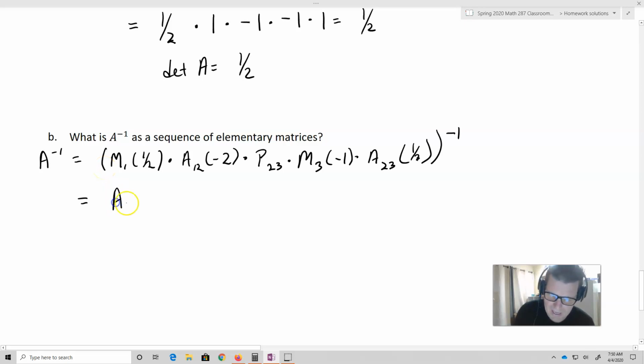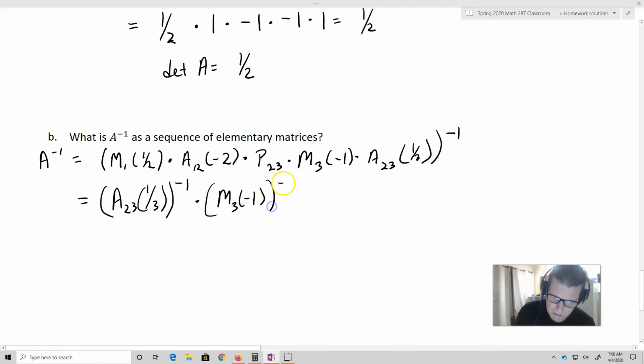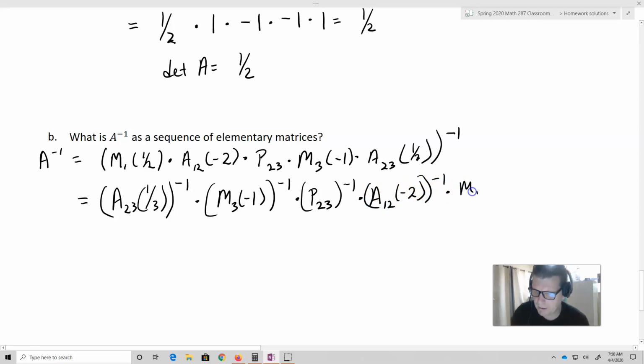So this is now going to be A23 1/3 inverse times M3 negative 1 inverse times P23 inverse times A12 negative 2 inverse times M1 1/2 inverse, whatever.